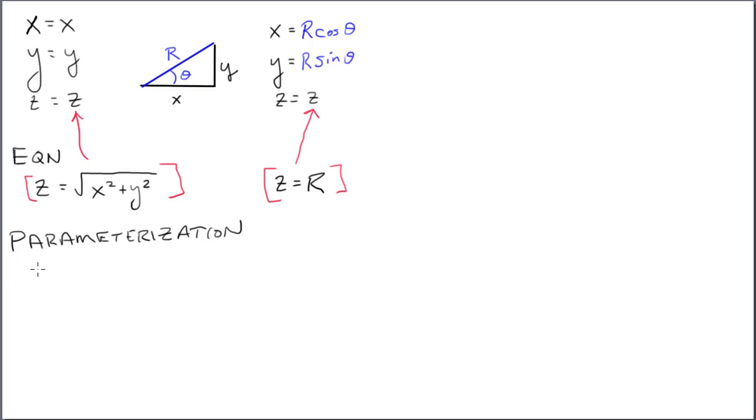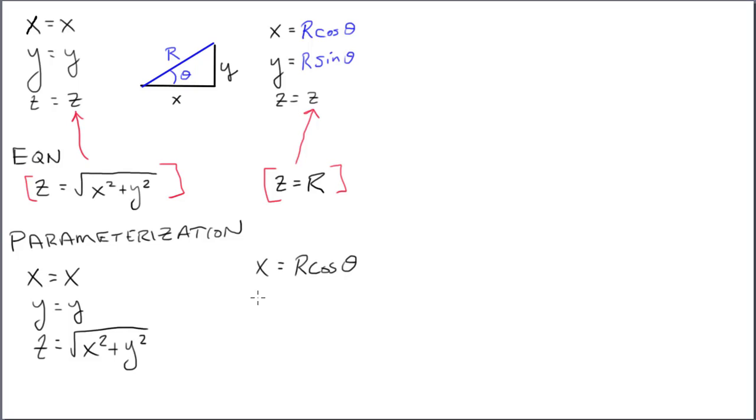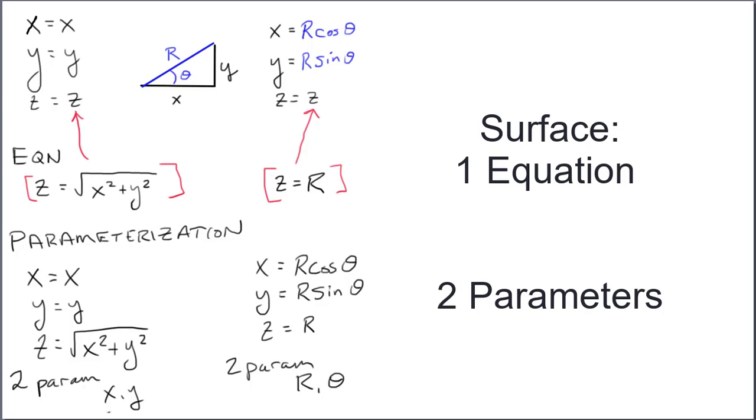Substitute on the right-hand side. So my default parameterization has two parameters, x and y for the default, two parameters, r and theta for the polar. One surface is always one equation or two parameters.